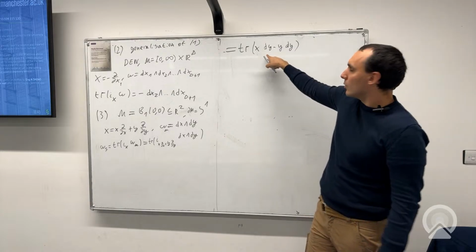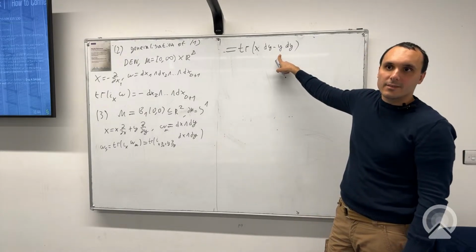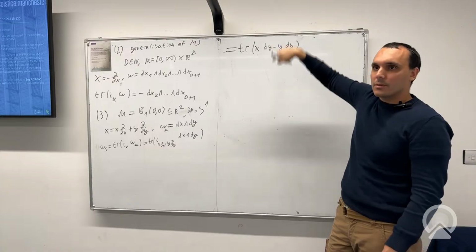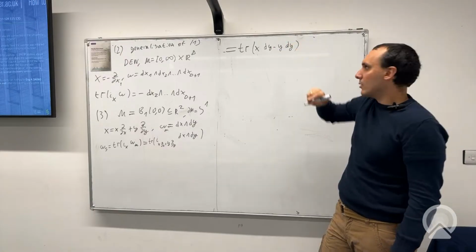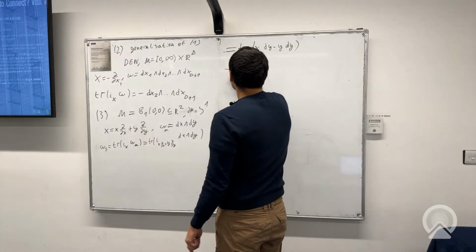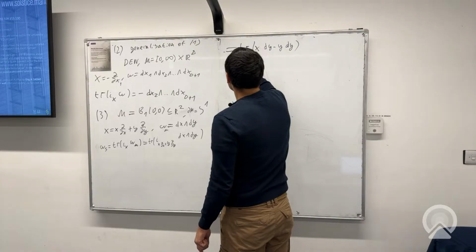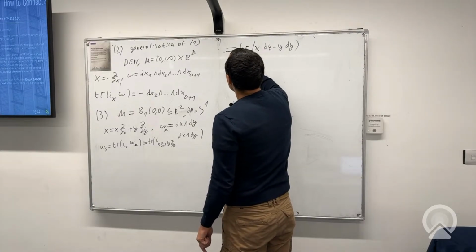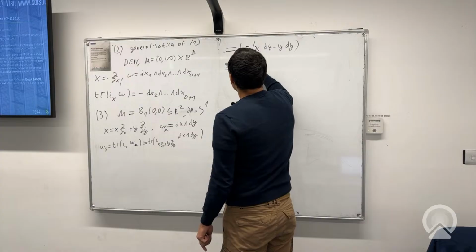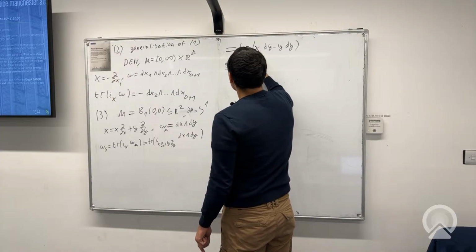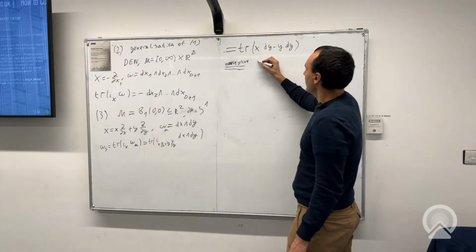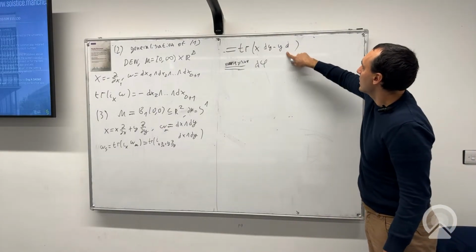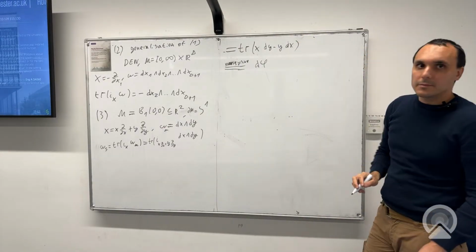We did this calculation previously in polar coordinates, this circular vector field. So in polar coordinates, x equals cosine phi, y equals sine phi, this is d phi. Oh, this is dx. Yeah.